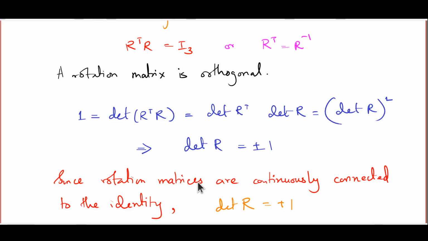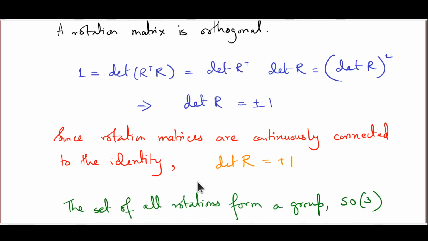And since you started with plus 1 and the only other option is that the matrix has a determinant of minus 1, continuous changes in the matrix elements can never make the determinant jump from plus 1 to minus 1. So, all orthogonal transformations which are connected continuously to the identity, namely all rotations, must have this property: determinant of R is plus 1.